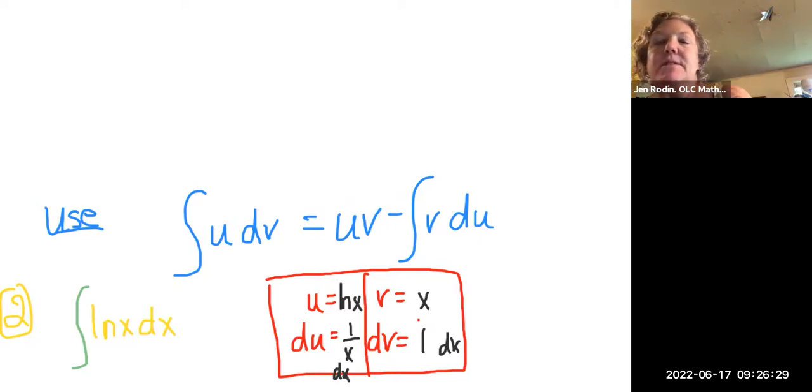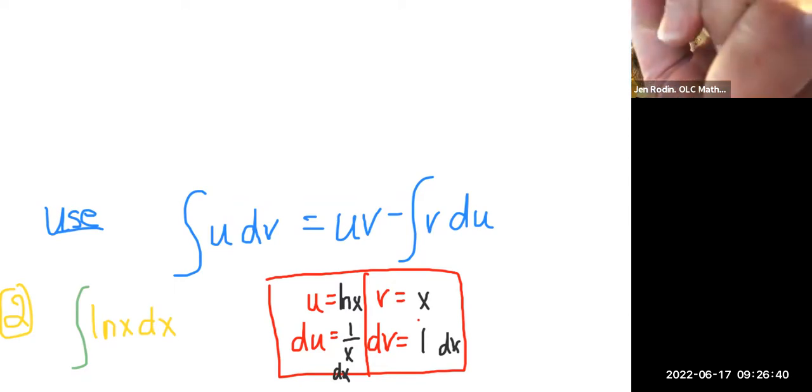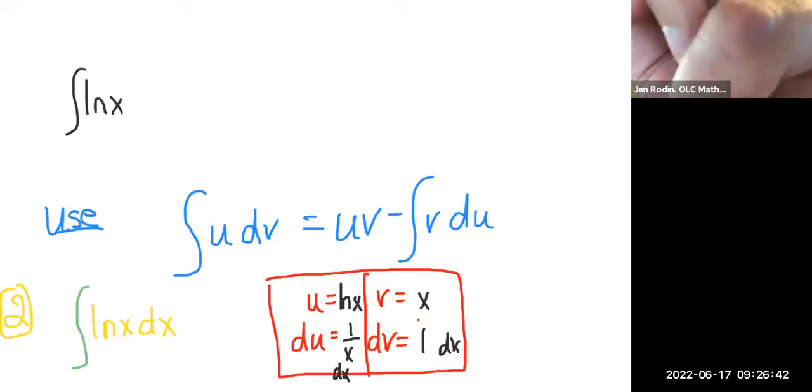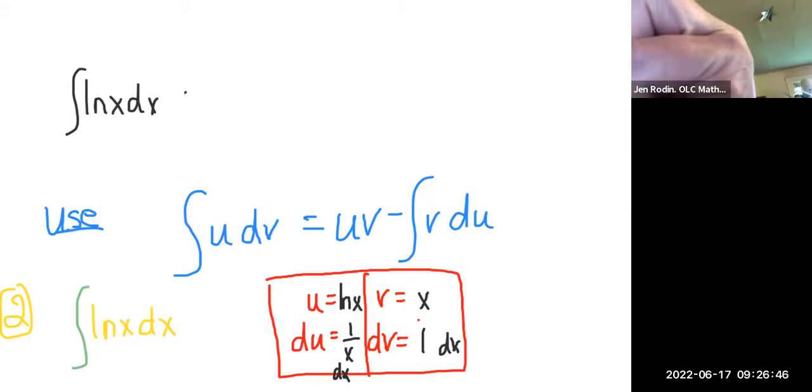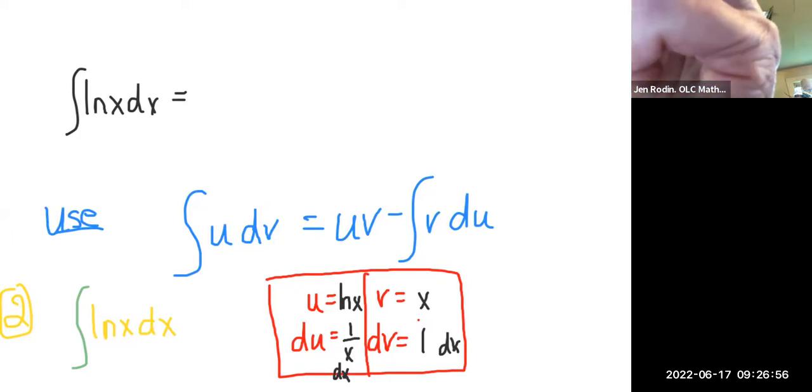I like this example. It's a book example. I like it though because it has natural log and it looks like we made it just harder than it was. But this one comes out real sweet. So u times v minus the integral of v du. So I'll see if anybody beats me to it.